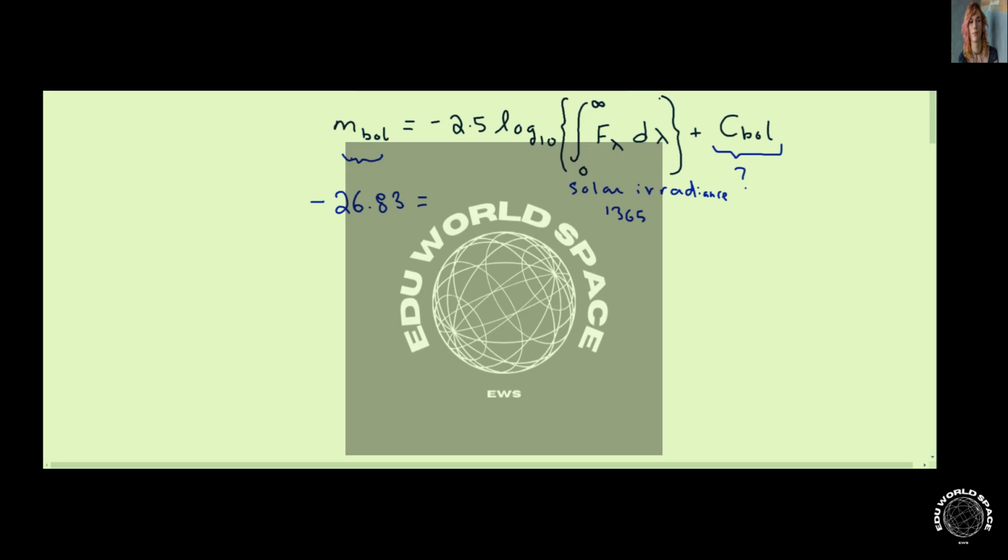But we are just using this to calibrate the system more or less. And that solar irradiance is 1365 watts per meter squared. And so that is what we are going to use inside of our logarithmic function, 1365, plus the constant that we're trying to solve for.